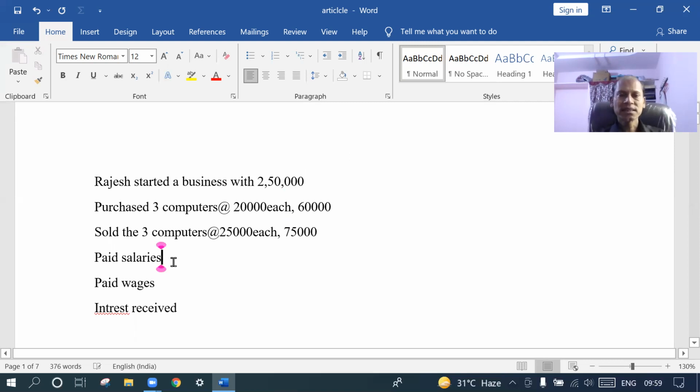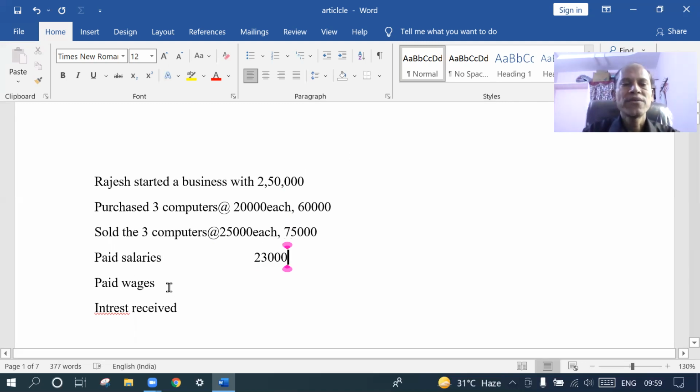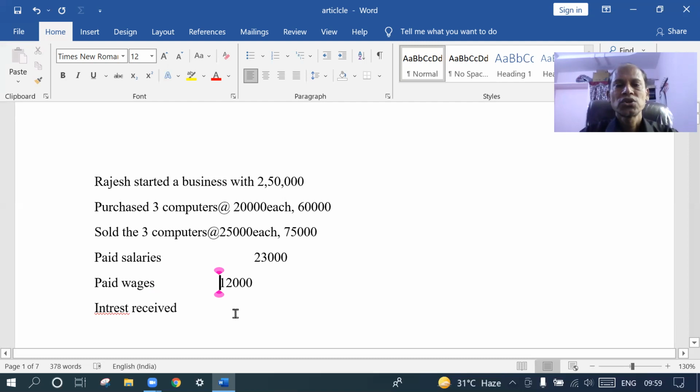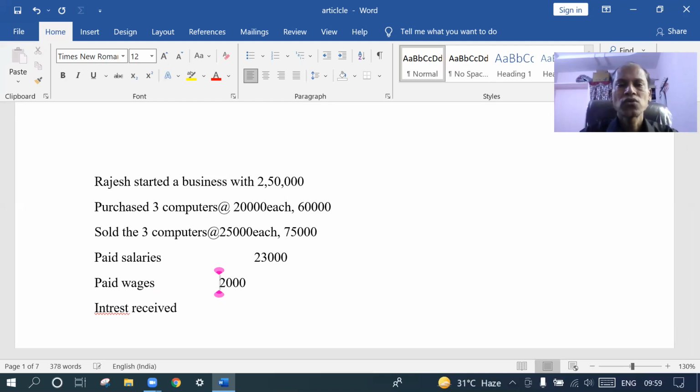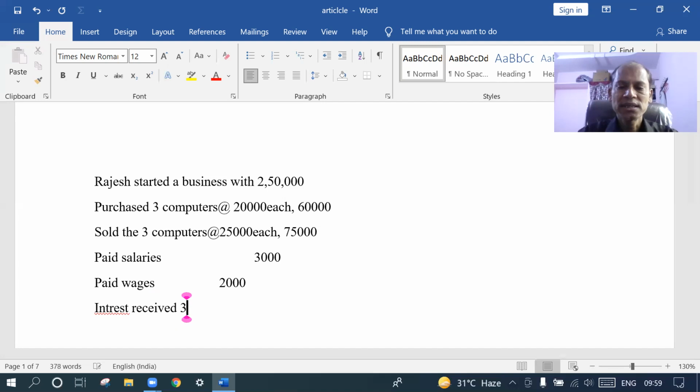Paid salaries, 23,000, and paid wages, 12,000. We take a meager amount, just so that we get the profit for that. I am just taking meager figures. And interest received is 3,500.